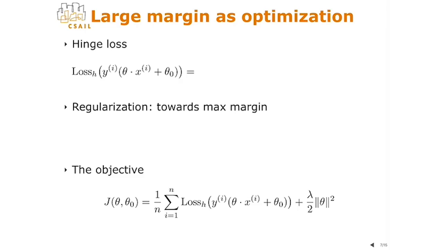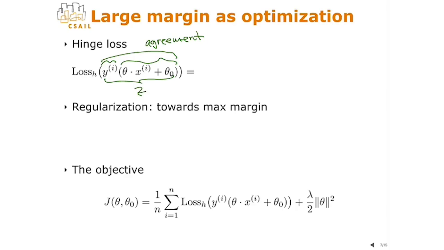We know that the linear prediction here, the sign of it, relates to how the example is classified. If we multiply that with the corresponding label, we get a positive value when the prediction agrees with the label. Okay, so we can call this argument agreement. Let's denote it by z.